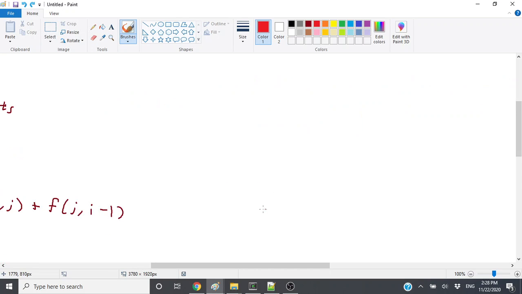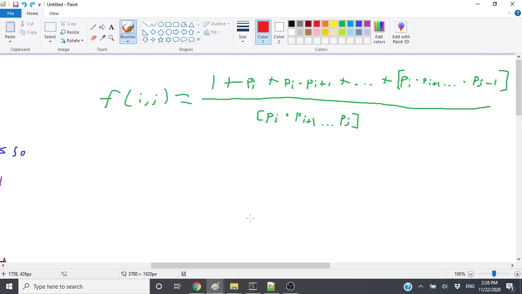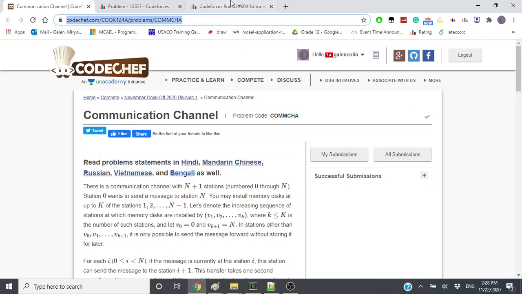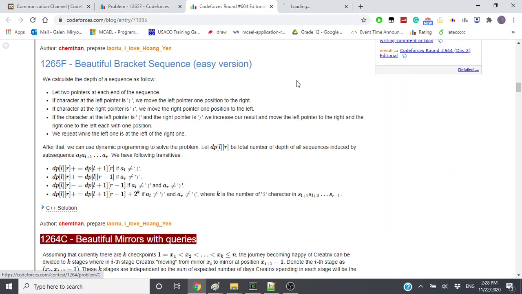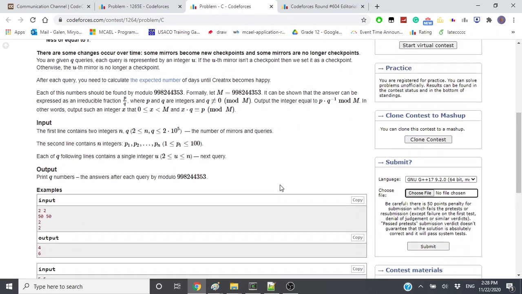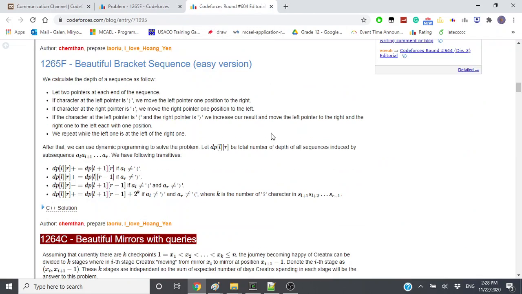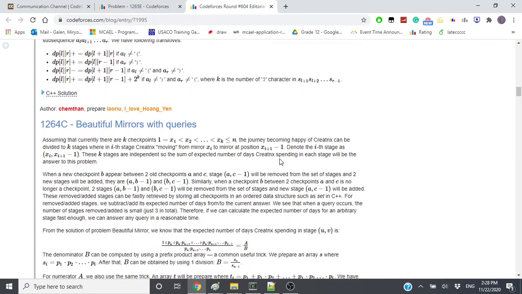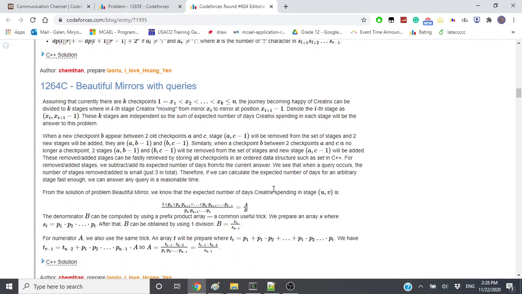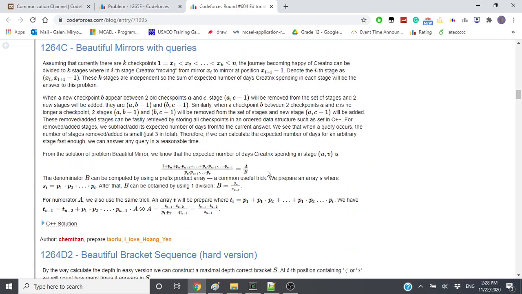So this would give us an O of n squared k solution, blindly applying this formula. And in fact, the advanced version of this problem has queries. And so essentially, the second version provides a way to compute this using prefix products and sums.